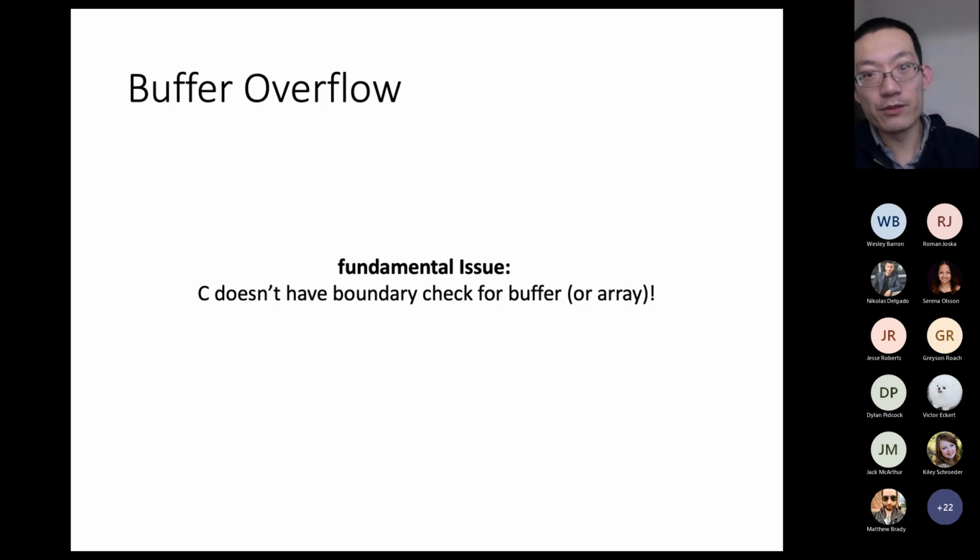That's what makes buffer overflow happen: the lack of boundary check in C. And this buffer overflow was quite popular 30 years ago, and many attacks on software came from it. Even today, people still write C programs which have buffer overflow issues.